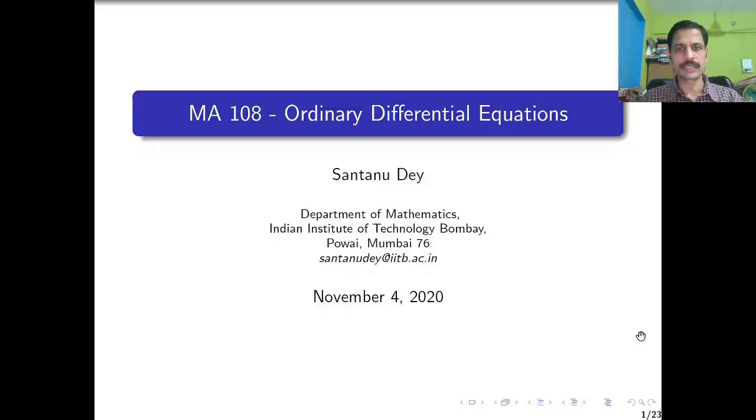We are interested in solving second order linear non-homogeneous ODEs. In the previous lecture, we have learned that in order to get the general solution of second order non-homogeneous linear ODEs, we should get the general solution of the associated homogeneous ODE and one particular solution of the non-homogeneous ODE.